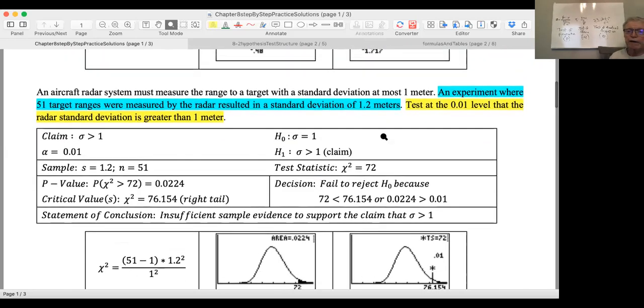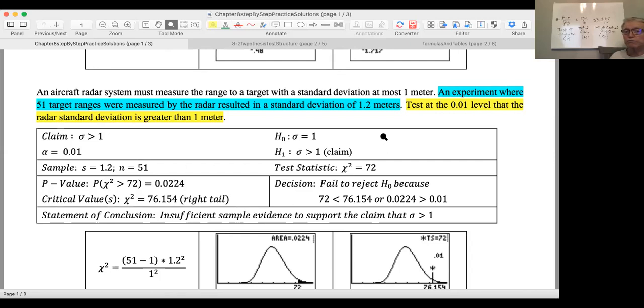Again, in the problem, or if we look at H0, we see that since we've already done this, found the claim and the corresponding hypotheses, H0 is going to tell us basically what the parameter is and also what the value is. So we know this is a test of standard deviation. And we know the value is 1.